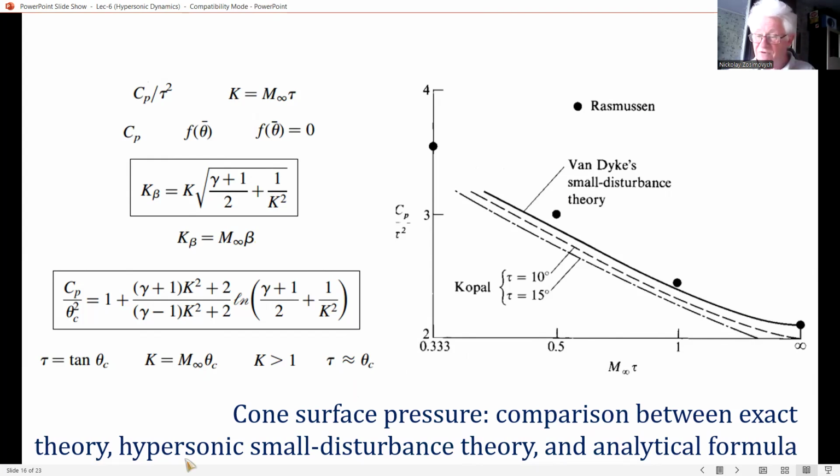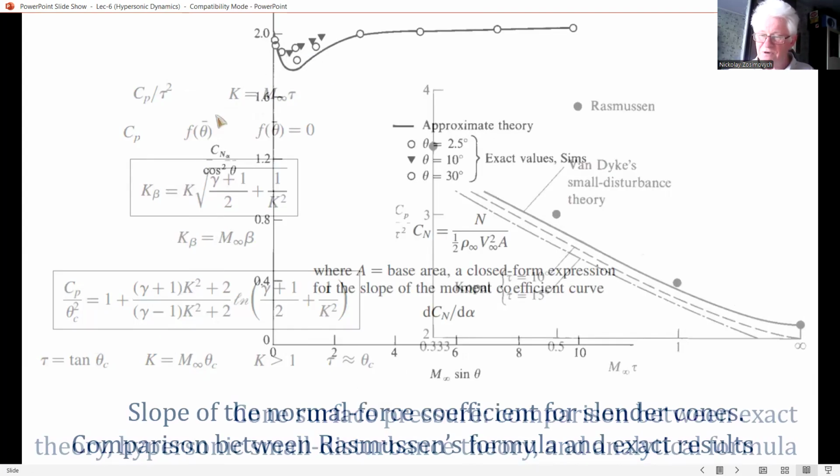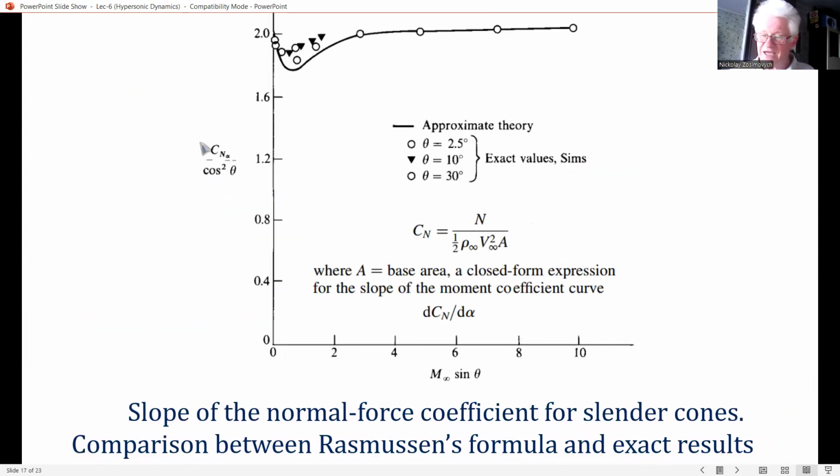And this allows us to replace theta c with sine theta c. And this result will be shown in the next figure, where Cp over cosine theta is plotted versus M infinity times sine theta.